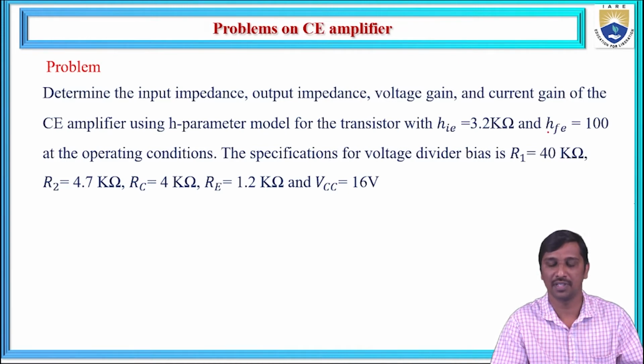For the given transistor, the DC current gain is represented as 100. So based on this H model and the specifications of the given common emitter amplifier circuit, we need to determine the input impedance, output impedance, voltage gain, as well as the current gain.